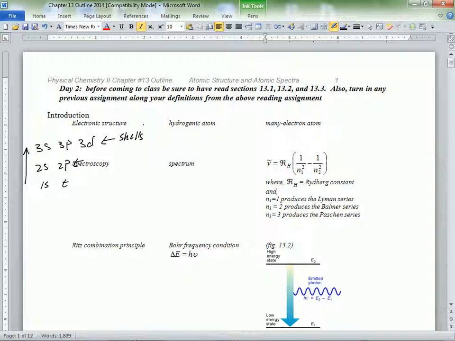So we're not really worried about all these different series, but in this equation right here, we've got all of them. All the Lyman series. I think some of these guys were high school science teachers. So if you just plug in n1 equals 1, then you can get all the different, ooh, what's that symbol?